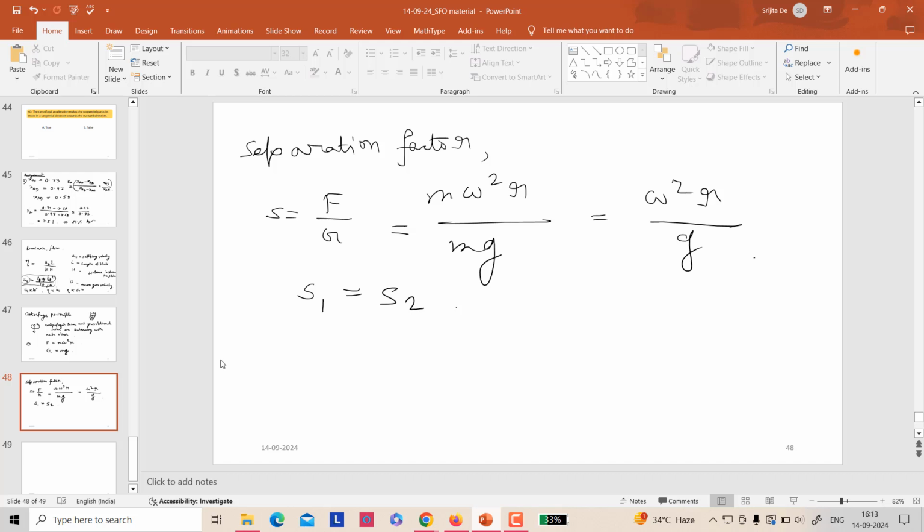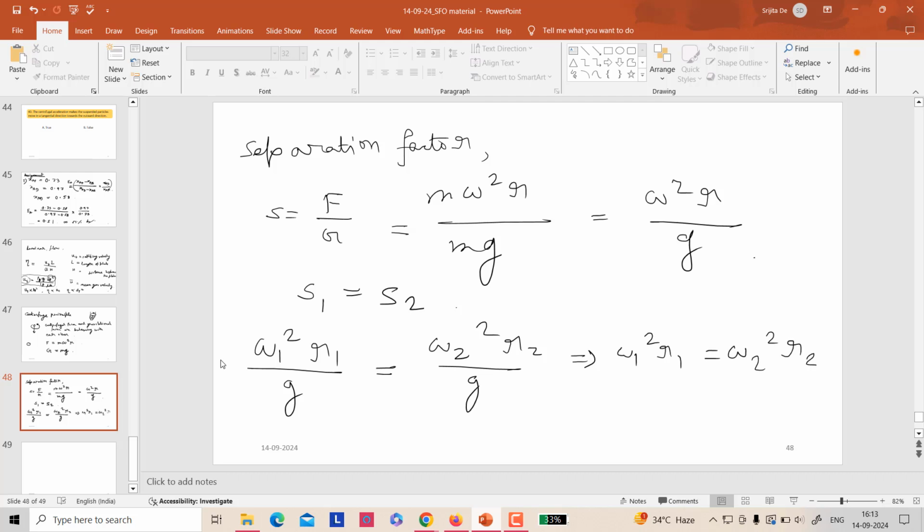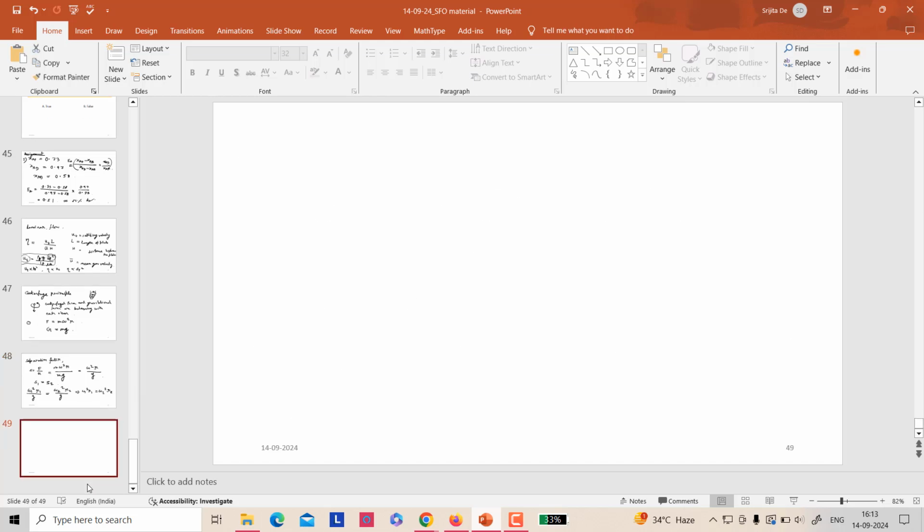Now we can write omega 1 square R1 by g equals omega 2 square R2 by g, that is omega 1 square R1 equals omega 2 square R2, because g is the same for everything. Omega 1 is 35 hertz, so it will be 35 whole square into R1.